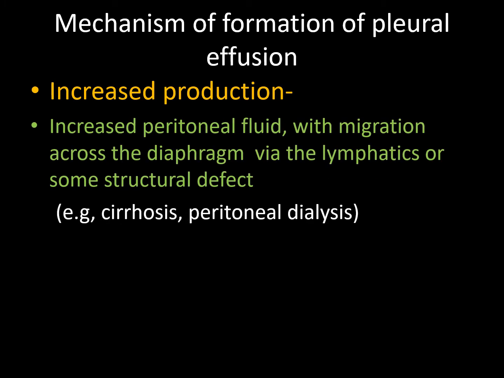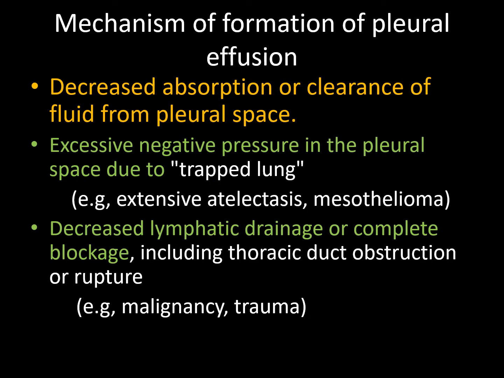It can also occur because of migration of fluid from other cavities like the abdominal cavity, or CSF in case of CSF pleural leak. Decreased clearance of pleural fluid can also occur. That can be seen in cases of excessive negative pressure in the pleural space, which is because of trapped lung, or because of decreased lymphatic drainage due to their blockage in cases of malignancy or trauma.